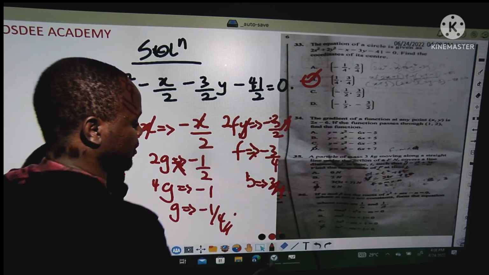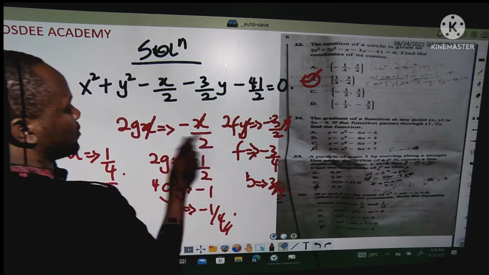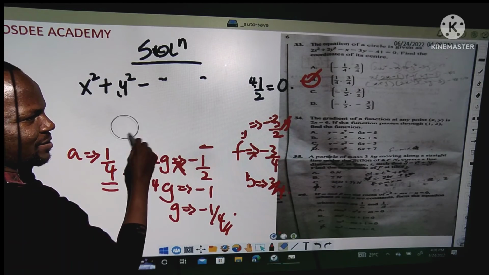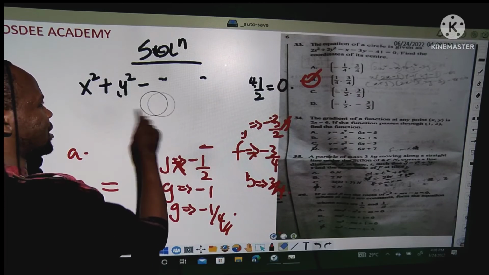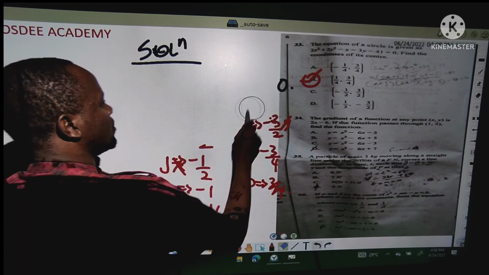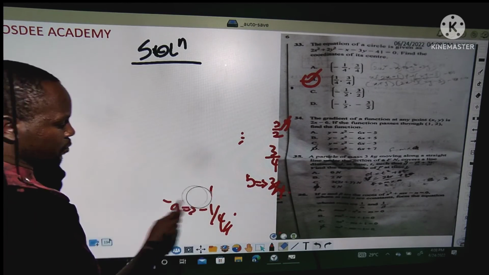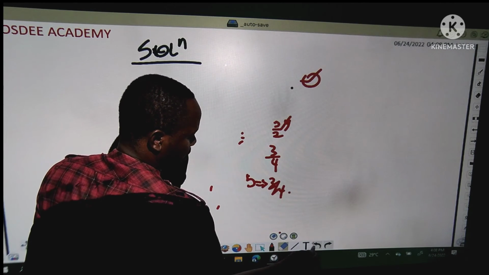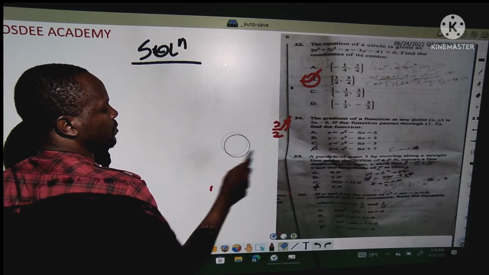Question 34 says, the gradient of a function y of x at any point x, y is given. If the function passes through 1 and 2, you have to find the equation. That is all this antiderivative stuff. We've talked about it in the preparatory class. It's very easy to solve.